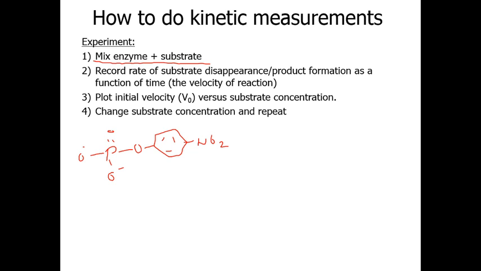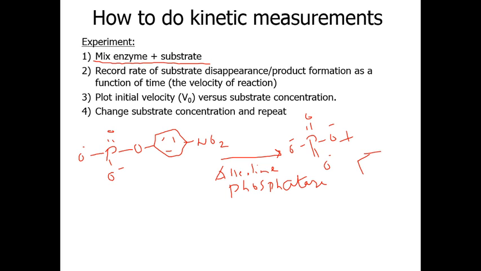And a substrate that we are going to use is nitrophenyl phosphate. And when you treat it with alkaline phosphatase, what you're getting is just a phosphate plus nitrophenyl ion.